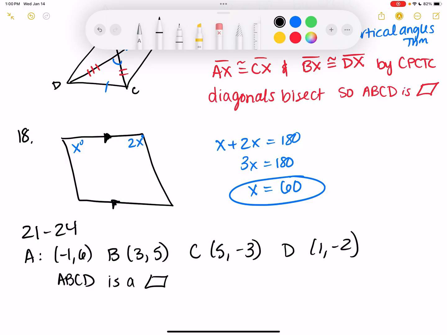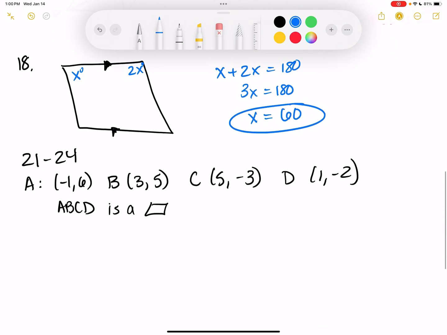Now, it does matter where you put these, but for the sake of this, I'm not going to plot the points. You could plot them on a graph if you wanted to, but I don't really need to do that unless you just need the visual. But typically, we've got A, B, C, and D like this around the parallelogram.